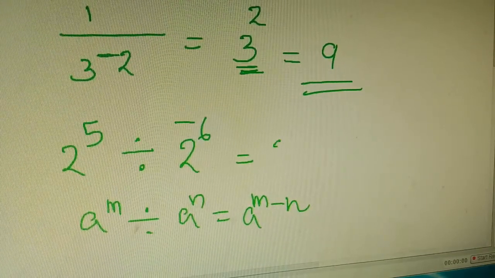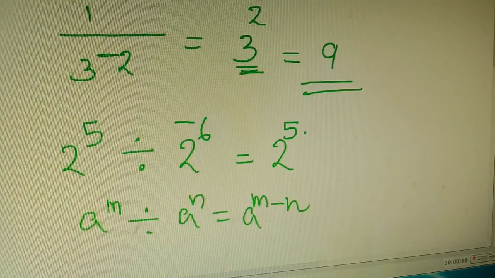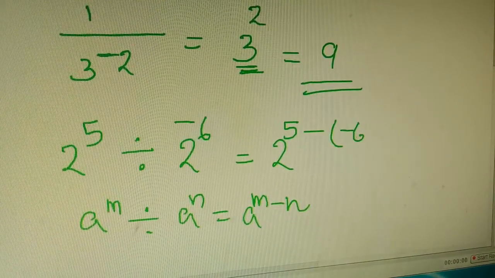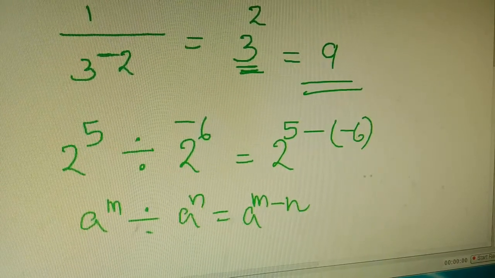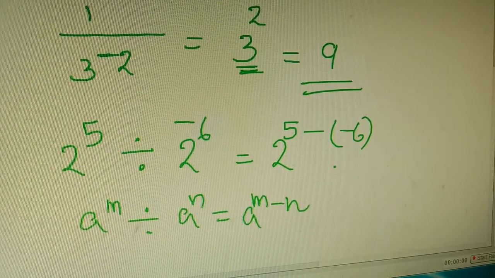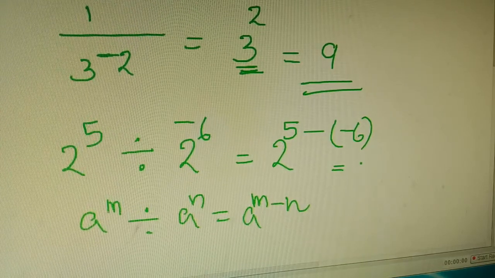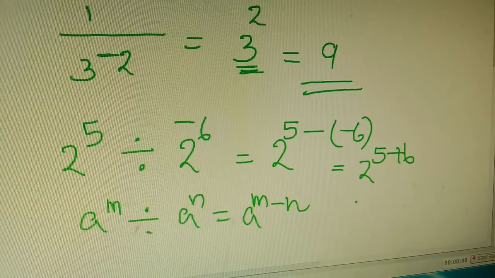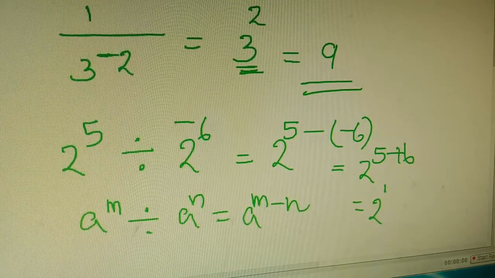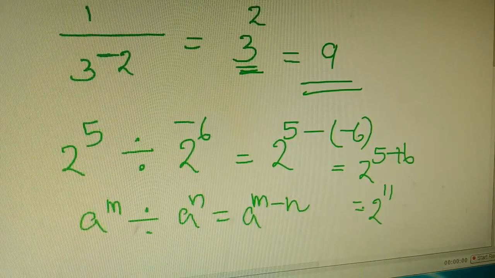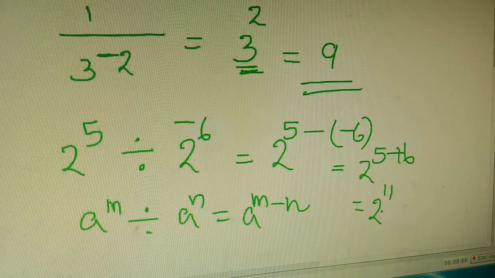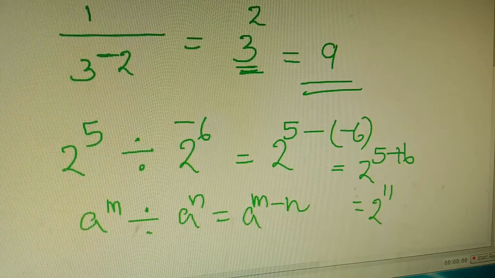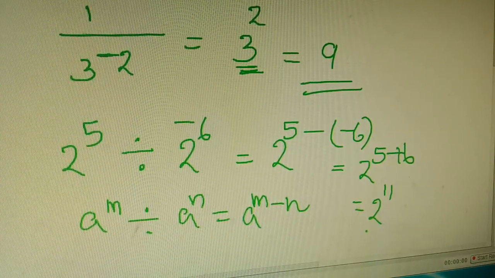So here also 2 to the power of 5 minus negative 6. Then minus negative is positive. So 2 to the power of 5 plus 6, that is equal to 2 to the power of 11.